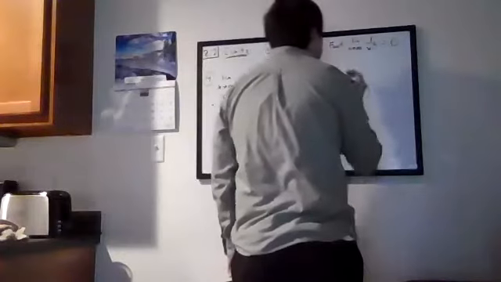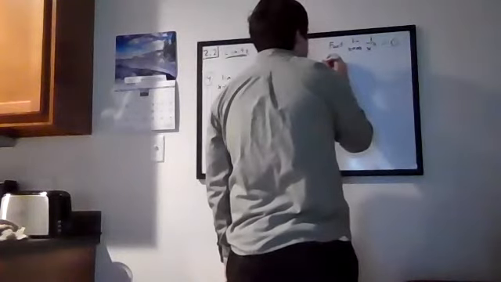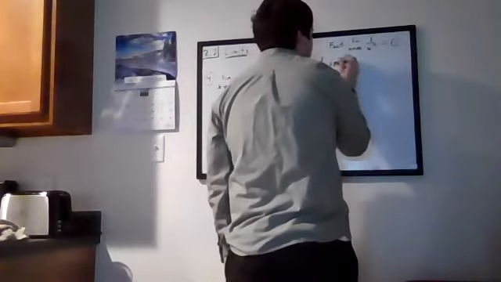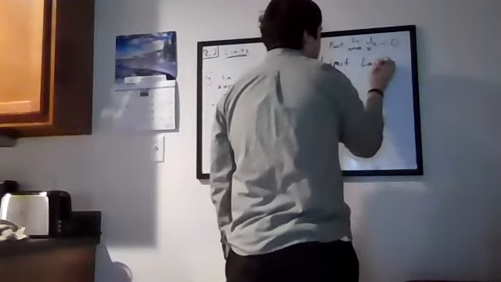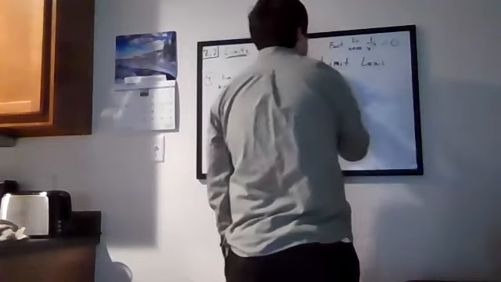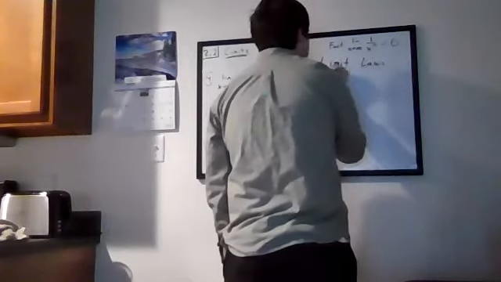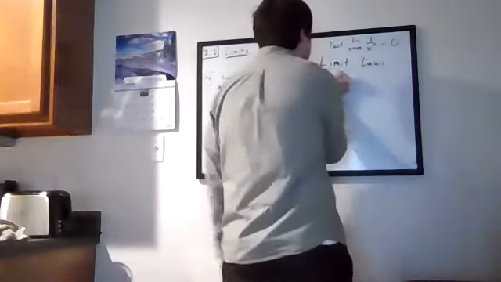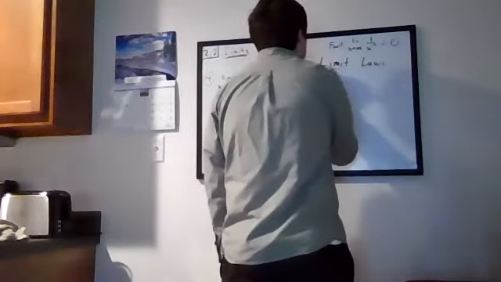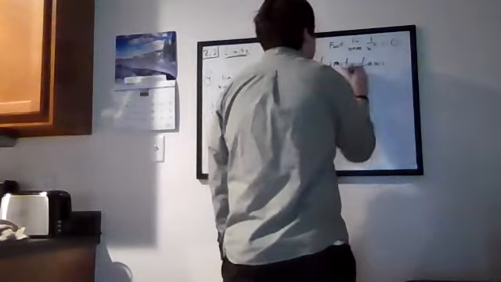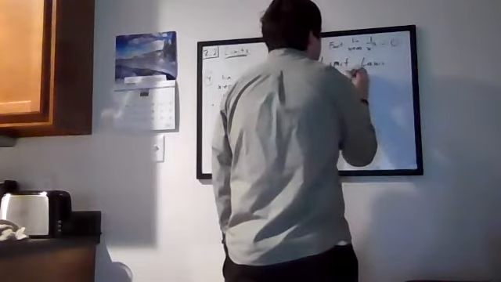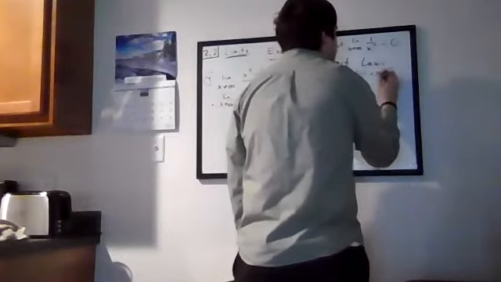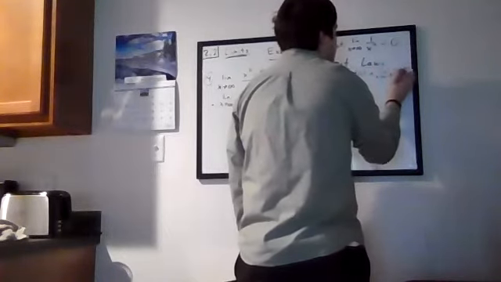So I'm going to write limit laws here. Assume that the limit as x approaches a of f of x and the limit as x approaches a of g of x exist.